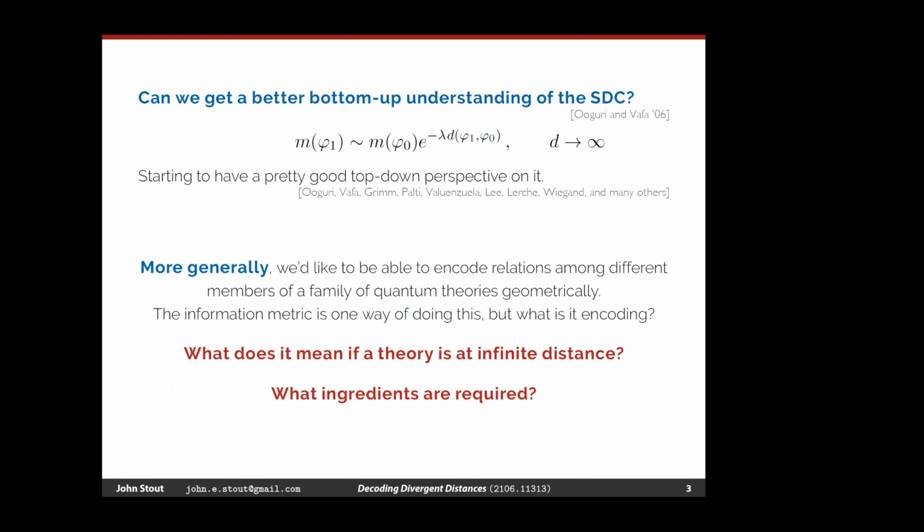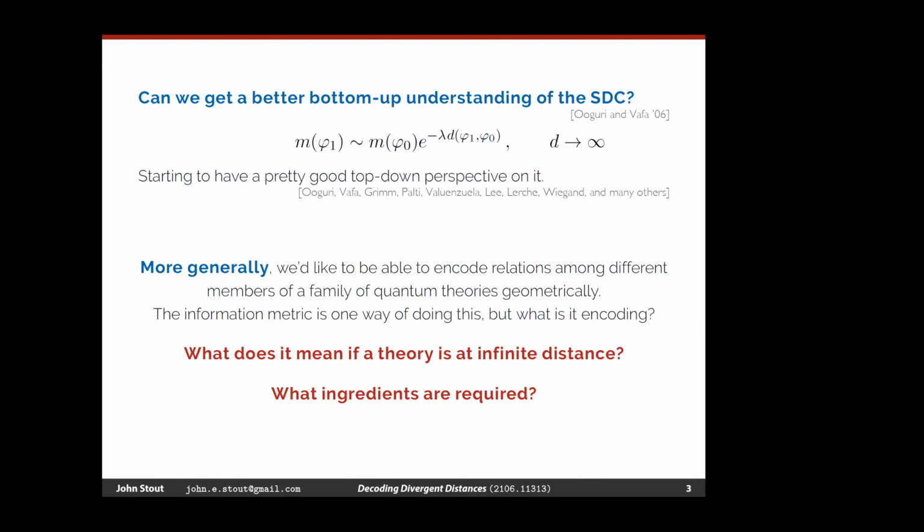The swampy motivation for this work is trying to get a better understanding, from the bottom up, of what the swampland distance conjecture is telling us. We have a pretty good understanding by now, thanks to the work of a lot of people in the audience, of what's happening from the top down. We have a microscopic understanding in terms of fields becoming extra light.